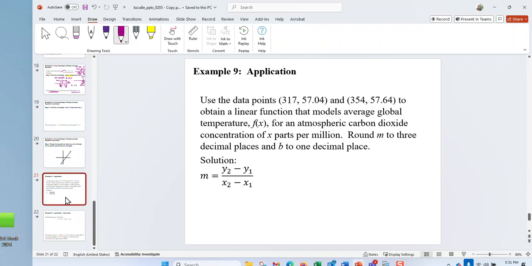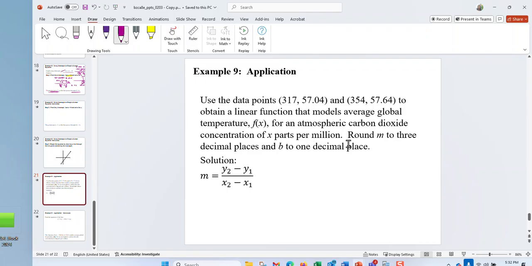The last question here is to consider the application. Okay, so if we have these 2 data points, we want to obtain a linear function that models average global temperature, and this temperature is f of x, for an atmospheric carbon dioxide concentration of x parts per million.